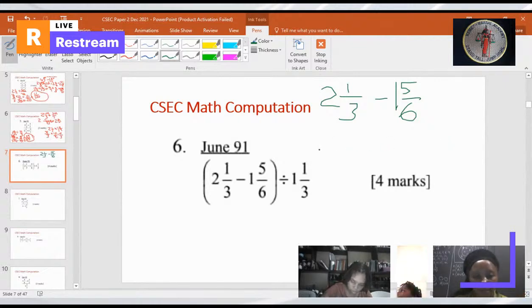What's the next thing? We're going to subtract 1 from 2. So 1 from 2, that's 1. And the common multiple of 3 and 6 is 6. So the LCM of 3 and 6 is 6.